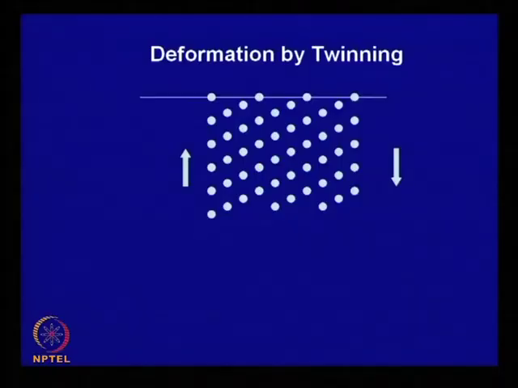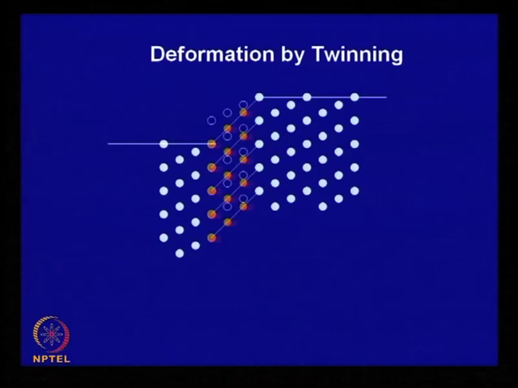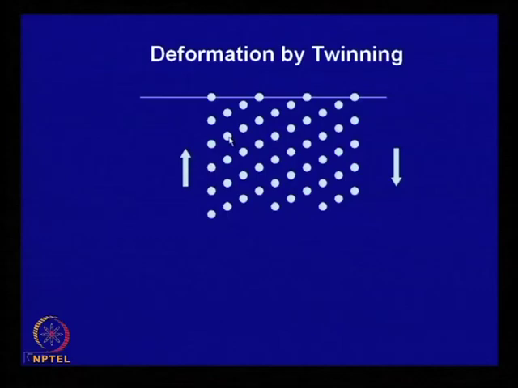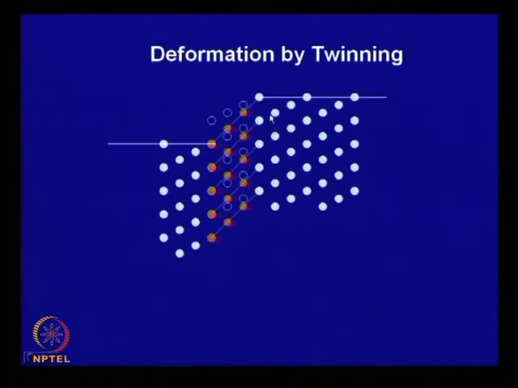Now, let us look at this process here. You can see these are the original positions, and on this plane, a part of this crystal takes up a different orientation. This is the original position of the atom.